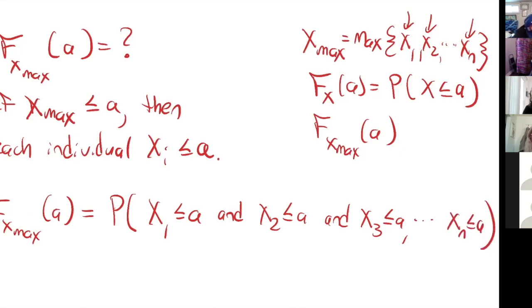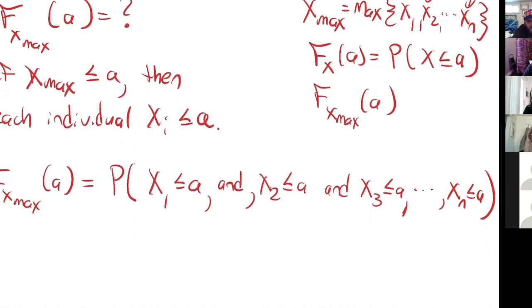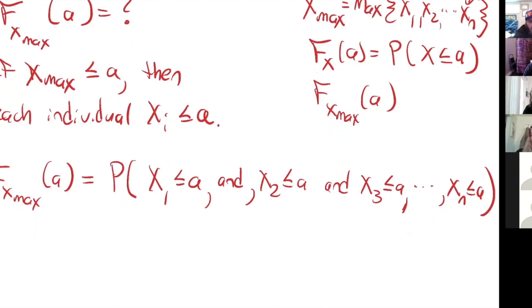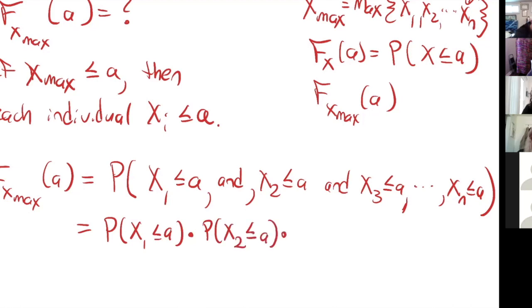So really what we want to say is the probability that each of these individual observations is less than or equal to A. And because these are all independent observations, we can break that up.